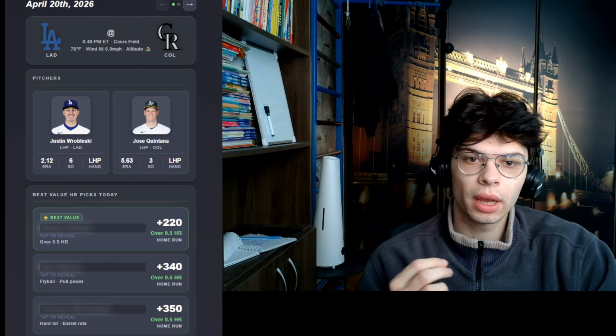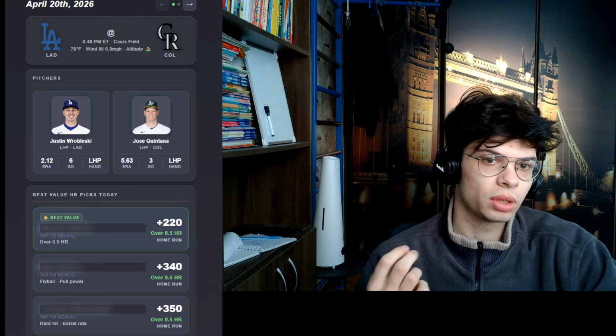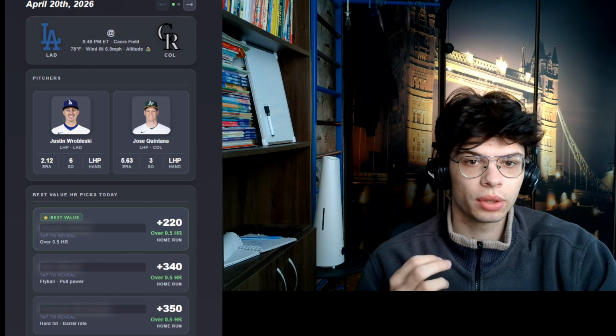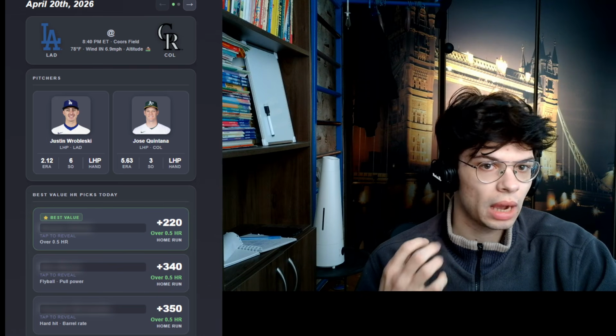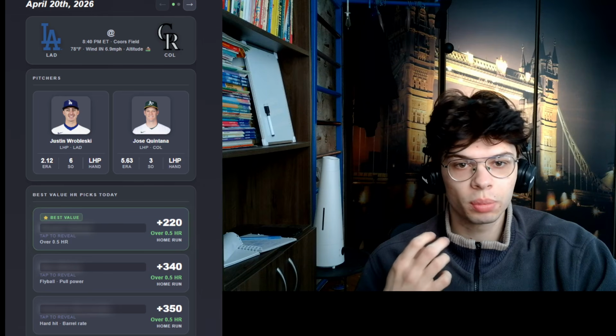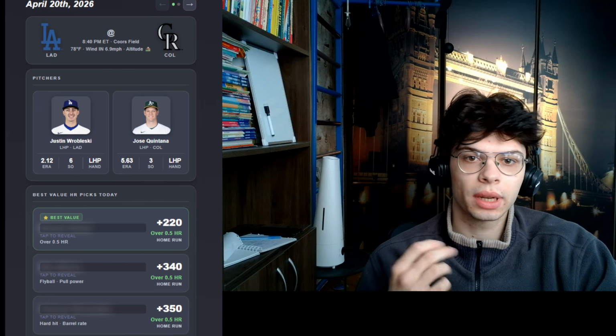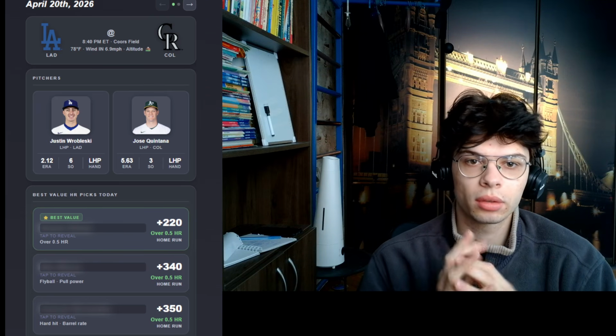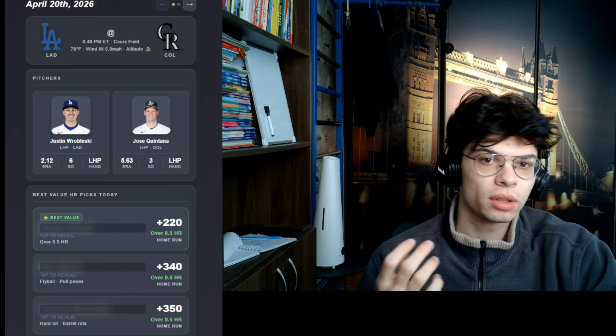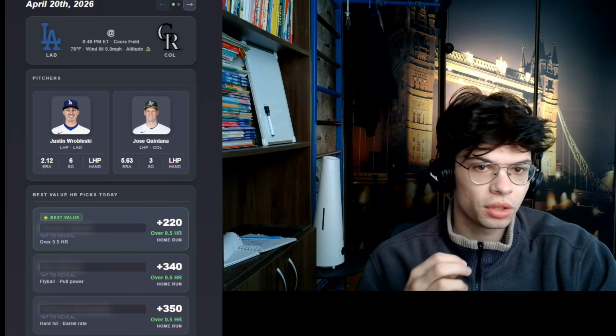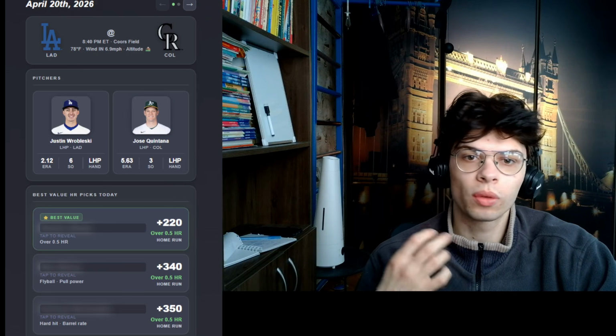So his entire run prevention strategy collapses. Now the Dodgers lineup, they've got multiple hitters with high barrel rates, which forces pitches into the zone, and he cannot sequence around the entire lineup. So zone rate increases and mistake frequency and contact quality combine to shift the entire distribution of outcomes.